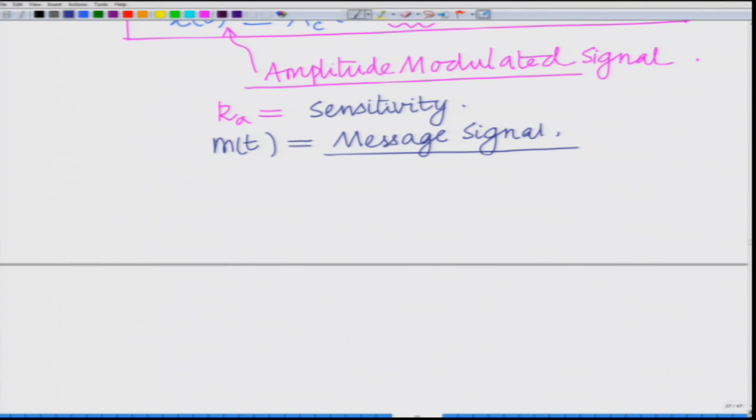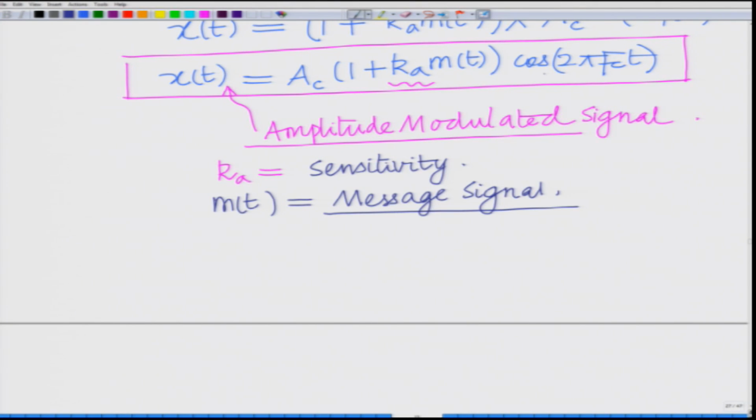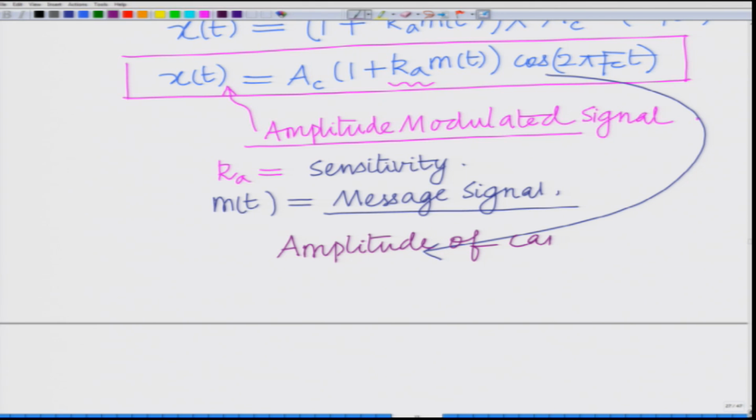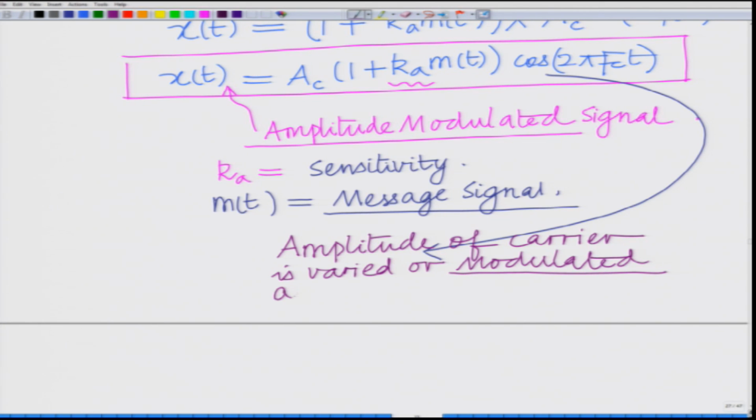To explain this, you can see that the amplitude of the carrier is varied, or modulated, according to the message.